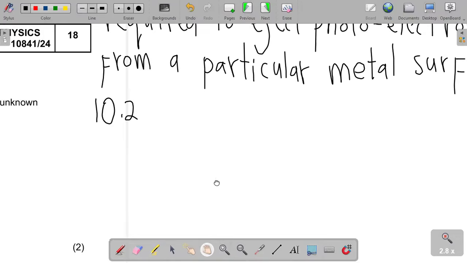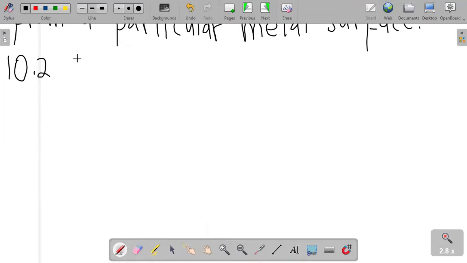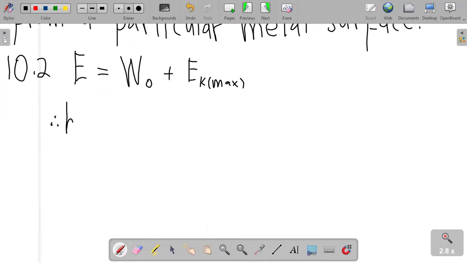So we can say E equals work function plus EK max. So hf equals work function plus EK max.